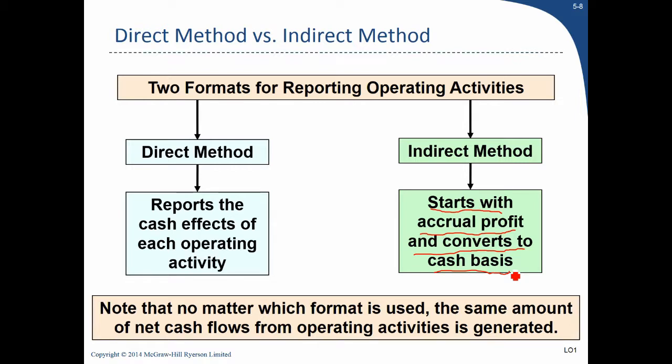So that means that your net income, your net profit on the statement of earnings, is called accrual profit, okay? What we want to convert to is cash profit. So what we're saying is unless we received cash for providing a product or service, we're not going to count it as revenue.